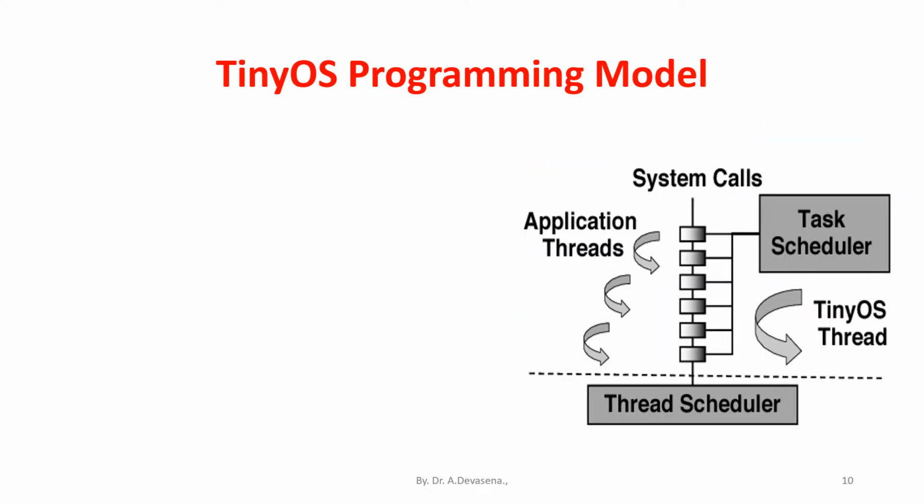TinyOS programming model. Earlier versions of TinyOS did not provide any multithreading support. TinyOS version 2.1 provides support for multithreading, and these TinyOS threads are called TOS threads.